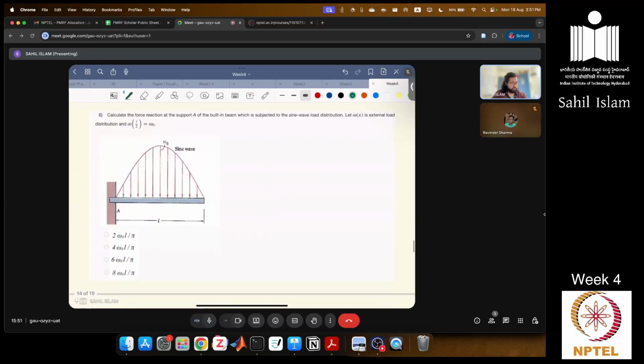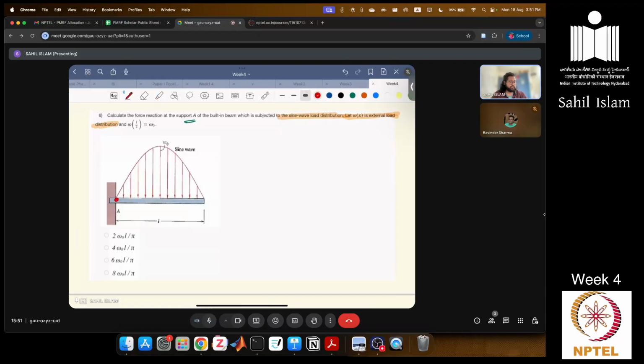Okay, so I'll go to the next question. Calculate the force reaction at support A. So we have to calculate the reaction force at the support A of the built-in beam, which is subject to the sine wave load distribution. Very important, sine wave load distribution, with omega x as the external distributed load.